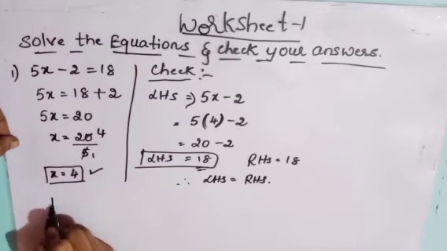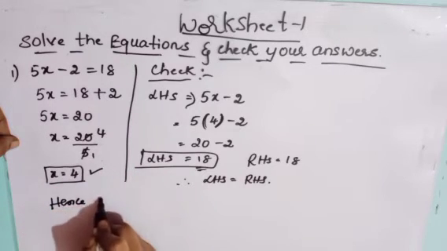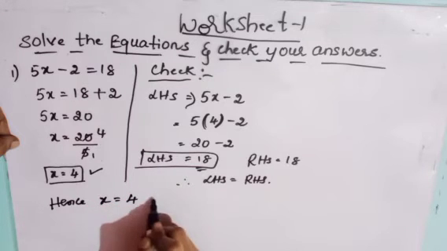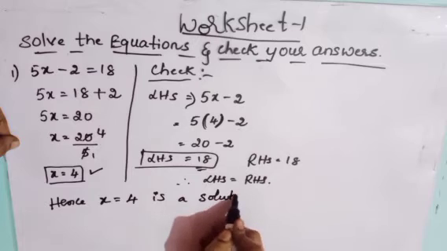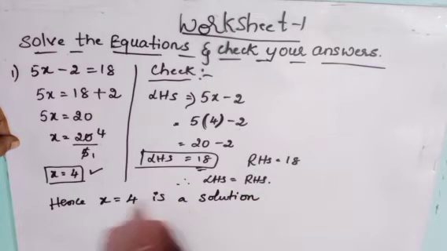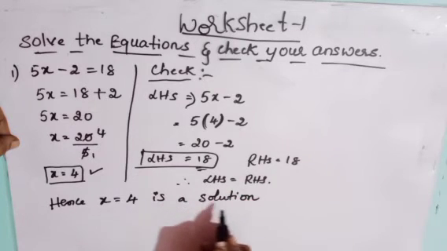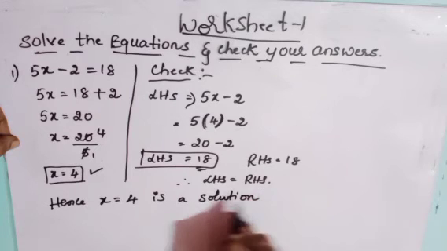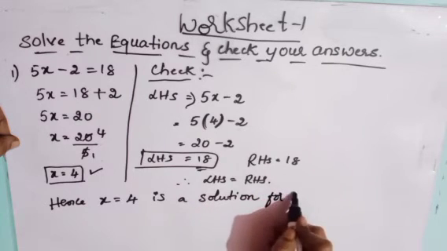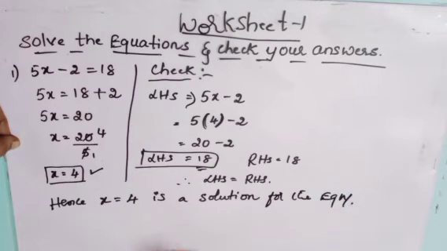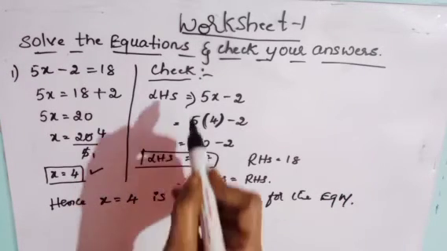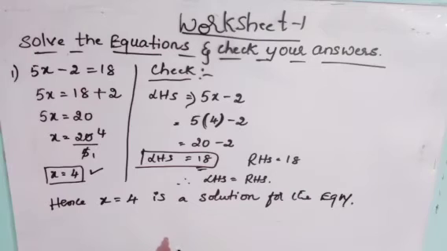Hence we write here: hence x equals 4 is a solution for the equation. Understood? In this way we have to check the answer. So now let us solve the second one.